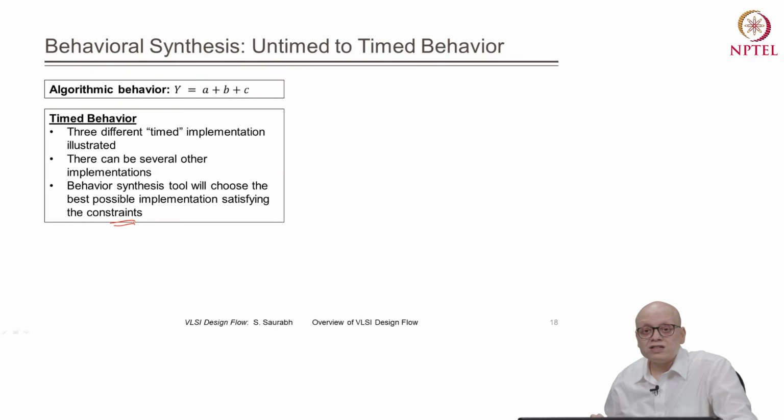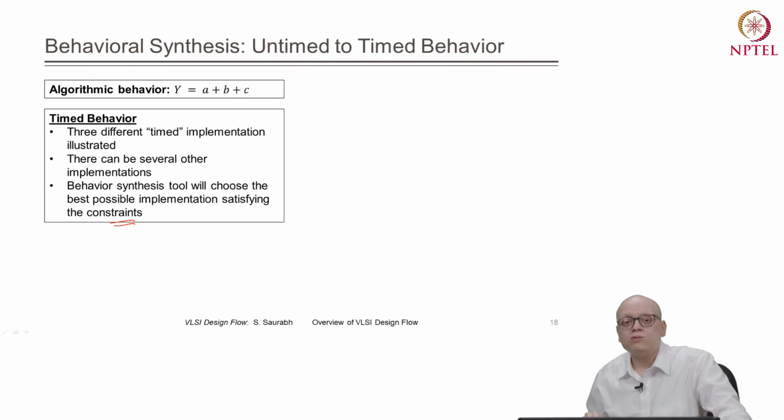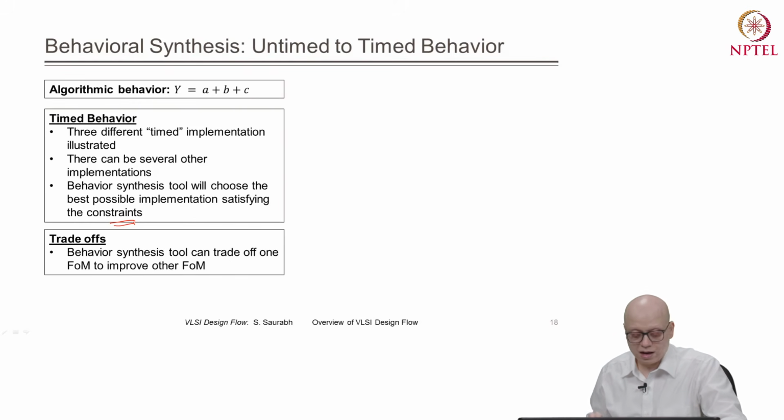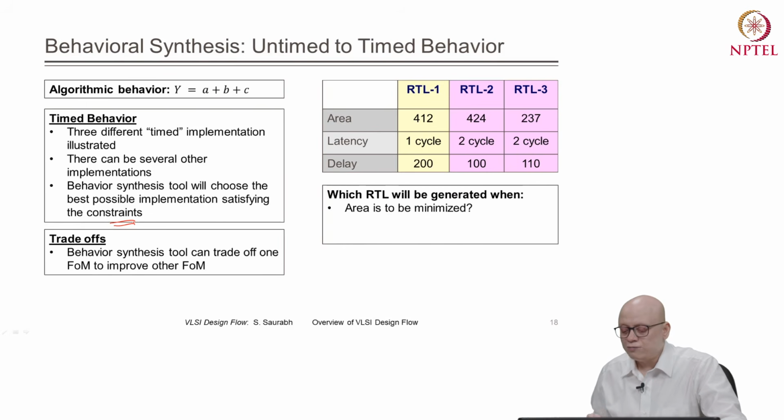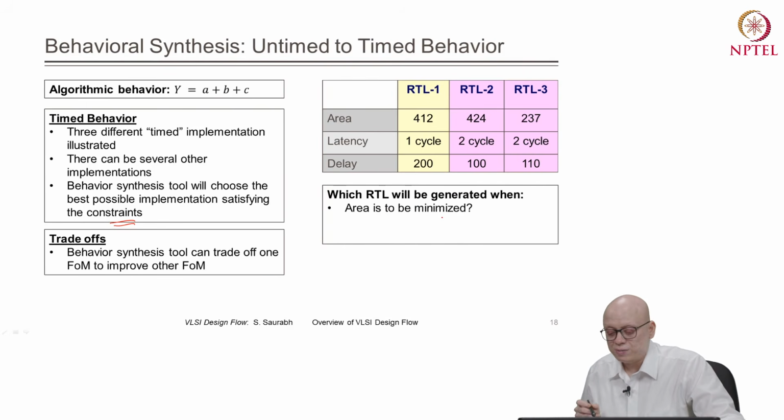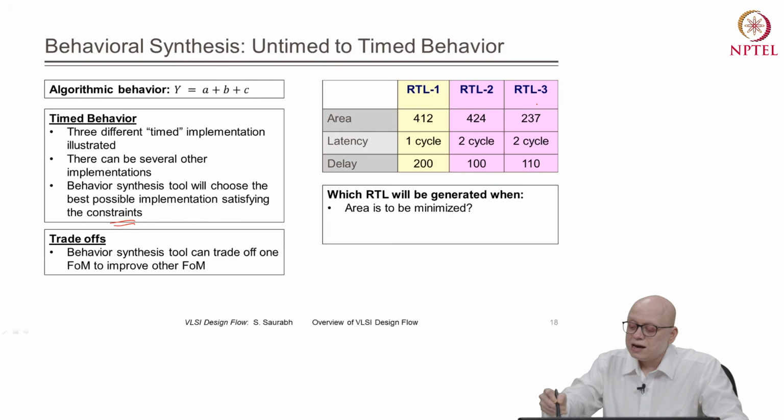Now what would be the best one? It will depend on the constraints or what objectives we have, what kind of design we want to implement. For example, if we want the area to be minimized, then the tool will choose RTL3, the third implementation, in which the area is minimized. But then the downside will be, of course, the throughput and the latency.